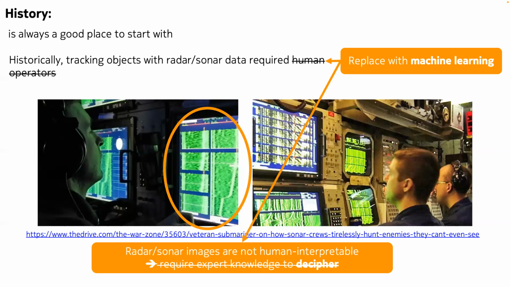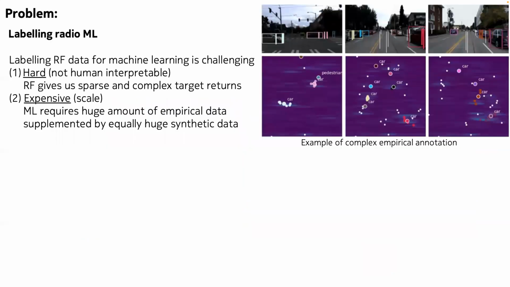However, the model still needs to be trained on known data, which circles back to needing people in the first place to label the data. So the question is, how might we obtain the ground truth labels to automate radio sensing with machine learning?